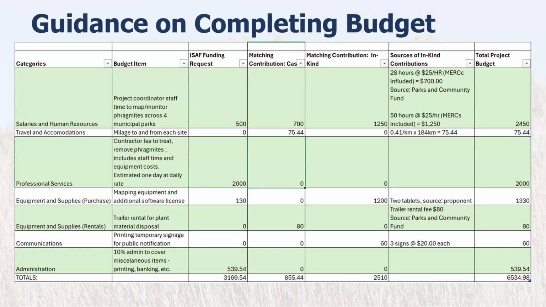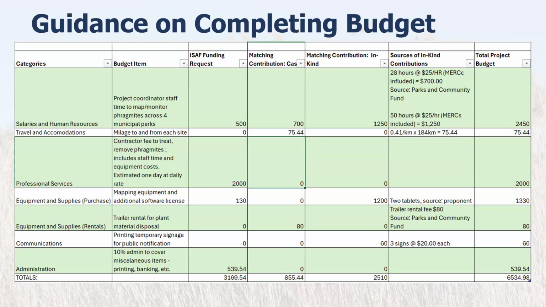In this scenario, they're requesting $130 for a software license. And then they're going to be including $1,200 in kind because they are using 2 of their own tablets. Again, in this scenario, that cost is a little high for a tablet, but it's what we have here for our scenario. I wouldn't necessarily put that into your actual budget unless you're able to have the backup for that. So for this line item, it's $1,330 that they are requesting.